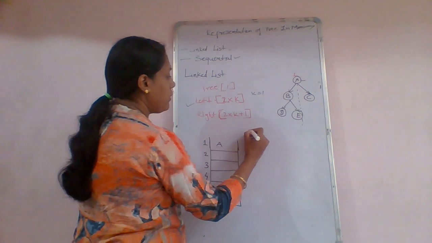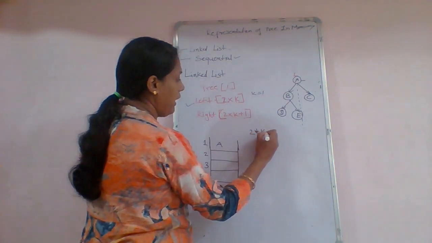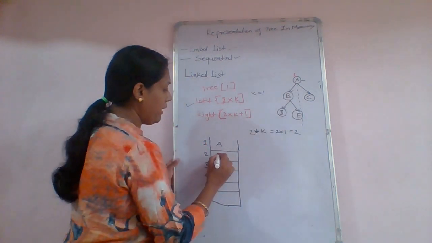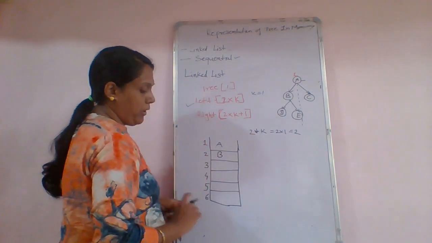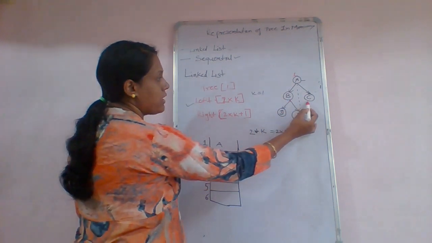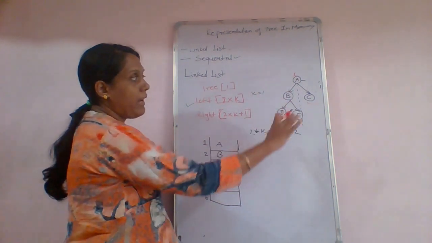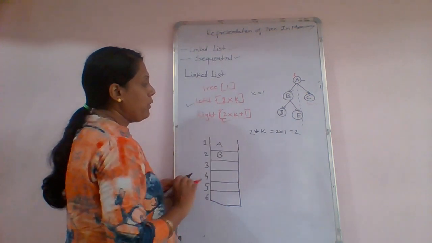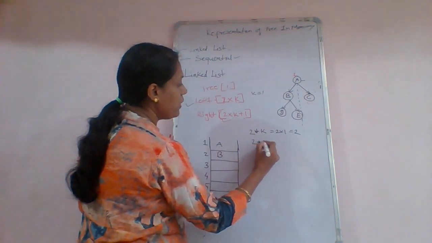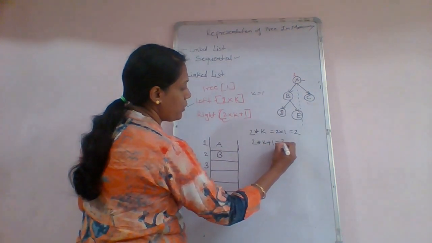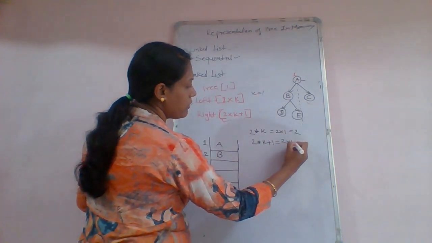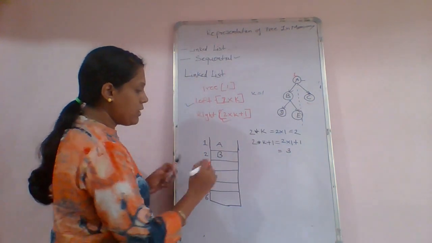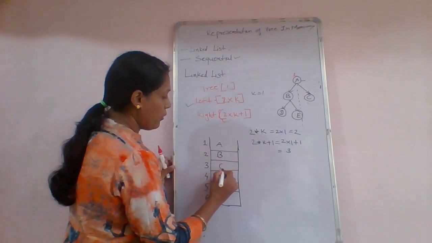So 2 into K, that is 2 into 1 is equal to 2. So B is located at the second position. Now C. C is the right side of the A. So what is the formula? 2 into K plus 1. So 2 into 1 plus 1, that is 3. So C is located at the third location.